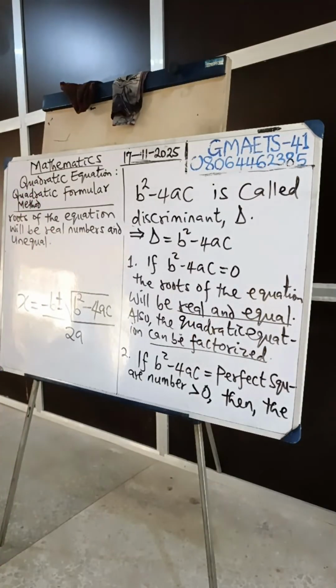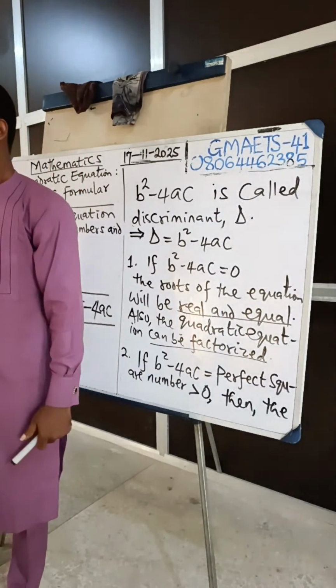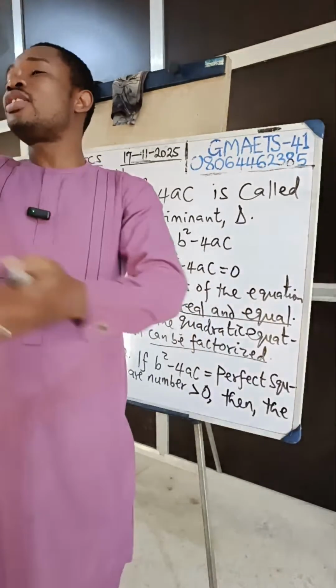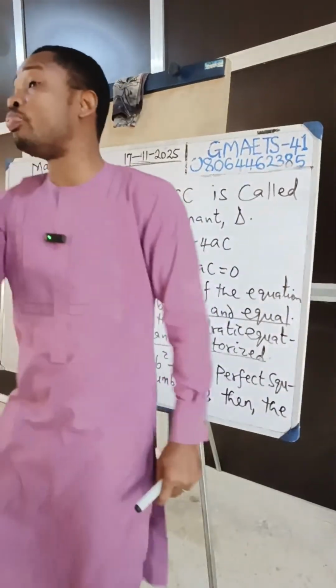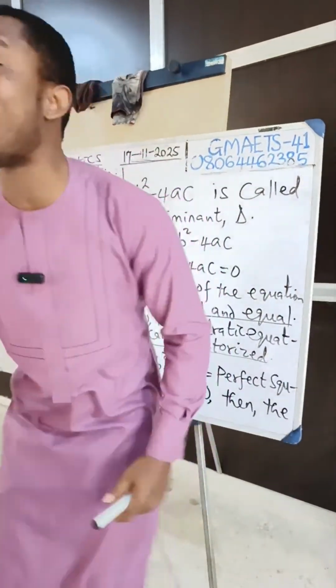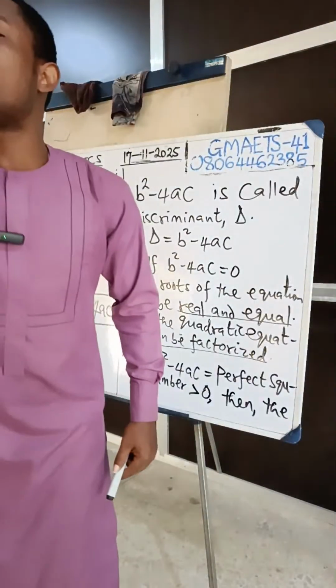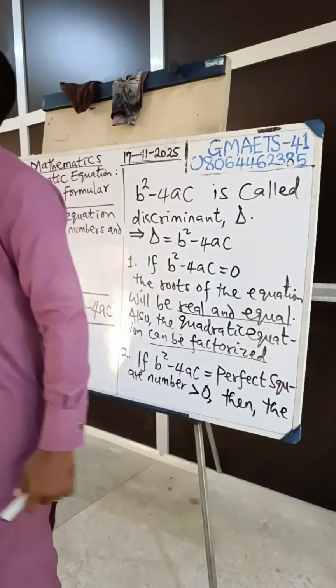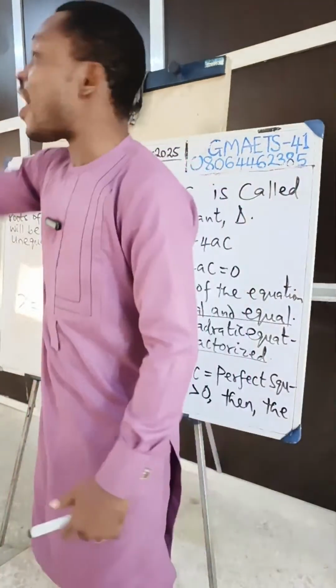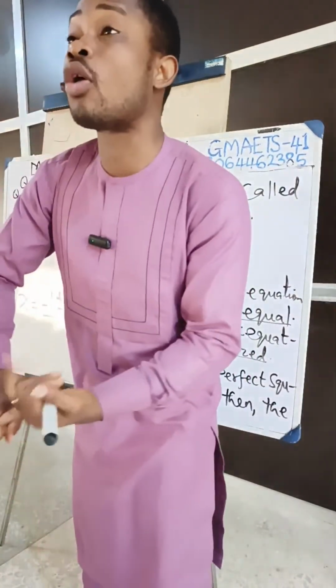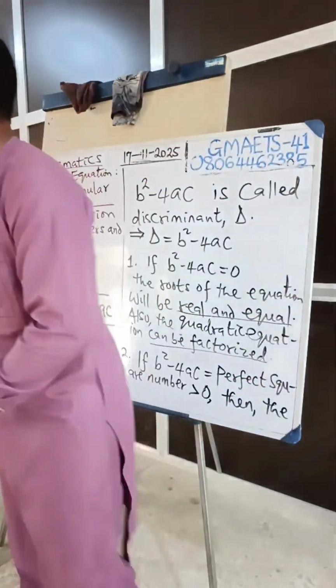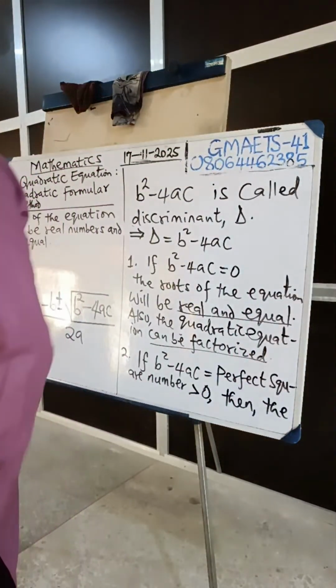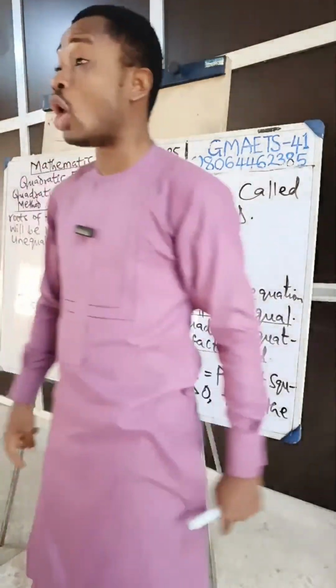And in as much as I am saying university, does it mean WAEC cannot put you under this situation? They can. Because even at university 100 level, the scheme of work or course outline is 95% the same as the scheme of work of SS1, SS2, and SS3. That is why you don't joke with this your level.